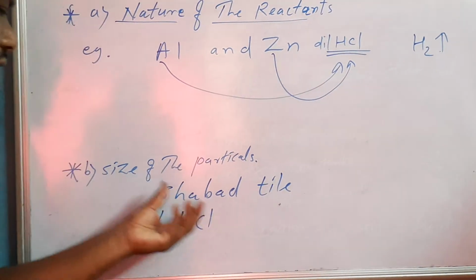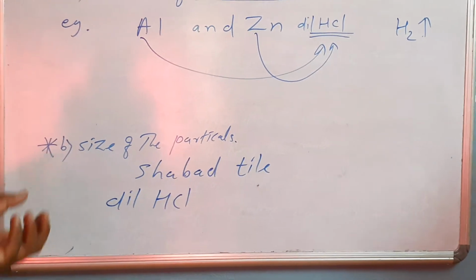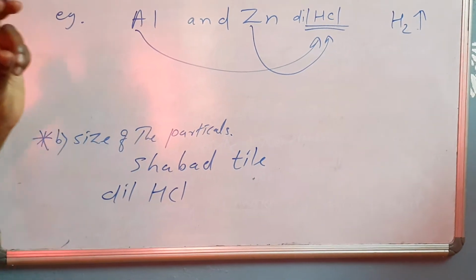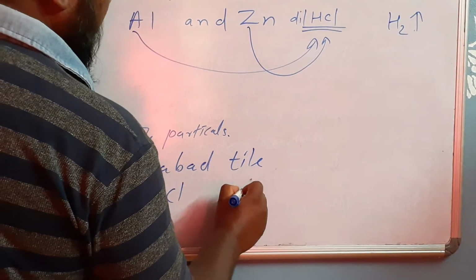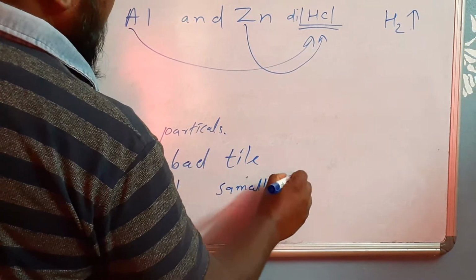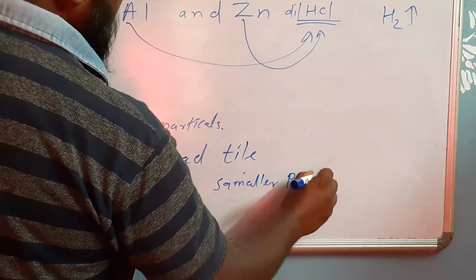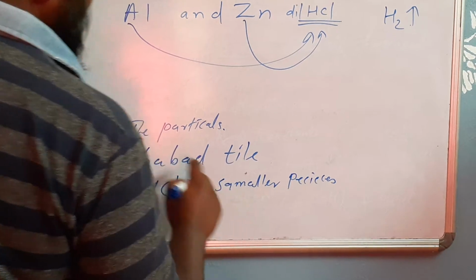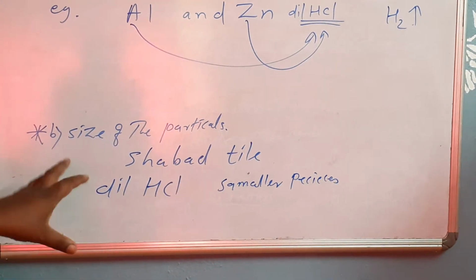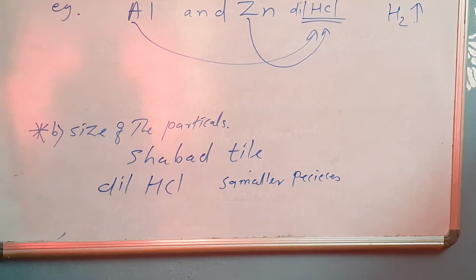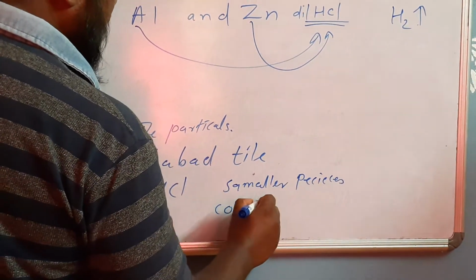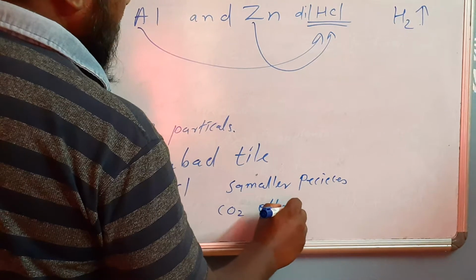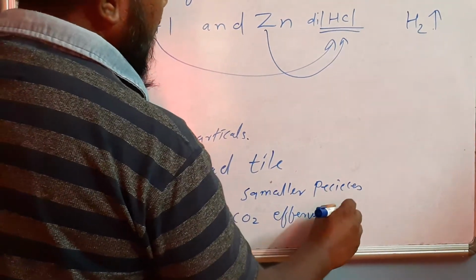One will be the crushed Shabbat tile and one will be the bigger pieces. The smaller pieces will react very fast with HCl and will give CO2 effervescence very quickly.